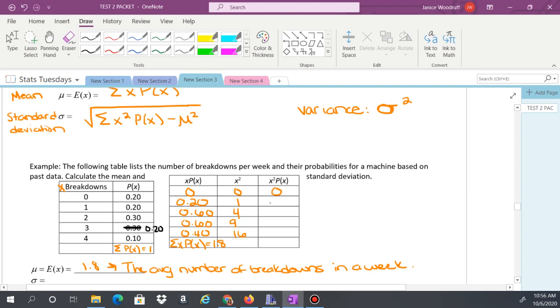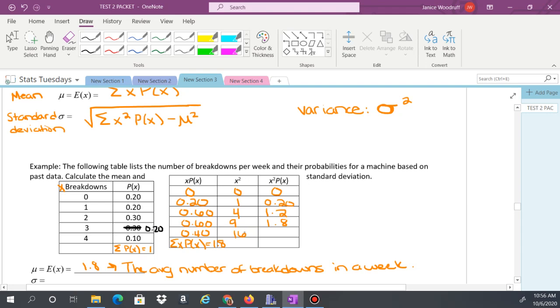1 times 0.2 is still 0.20. 4 times, and you're going all the way over to p of x, so be careful there, don't do it by this column. So 4 times 0.3 should be a 1.2. Then you have 9 times 0.2, that's going to be a 1.8.